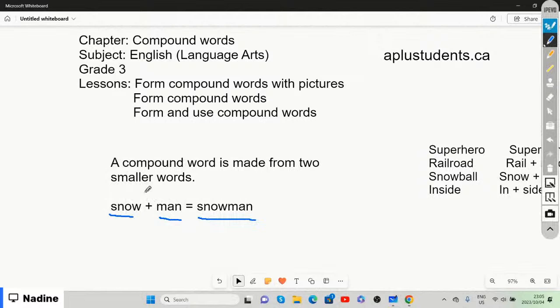So it's ice basically coming from the clouds. And the man is a human, right? But now if we put those two words together, it will be snowman. It's not just the snow that is coming from the sky, but a snowman. And of course, we usually make a snowman when it is snowing during winter, and we can make a beautiful snowman.